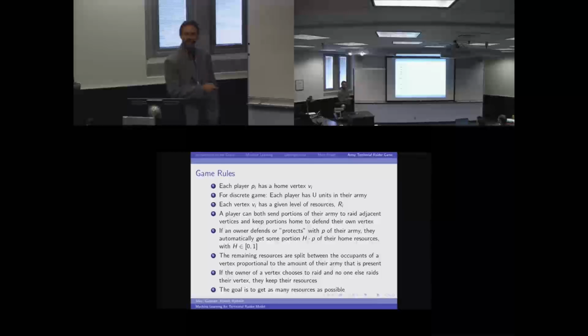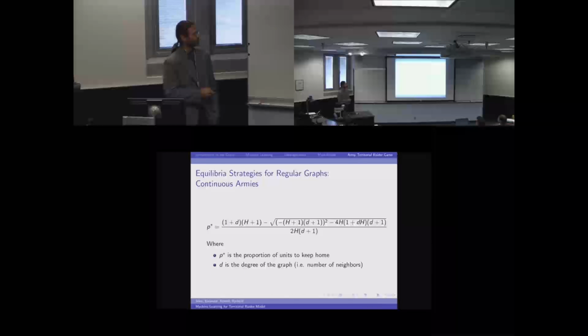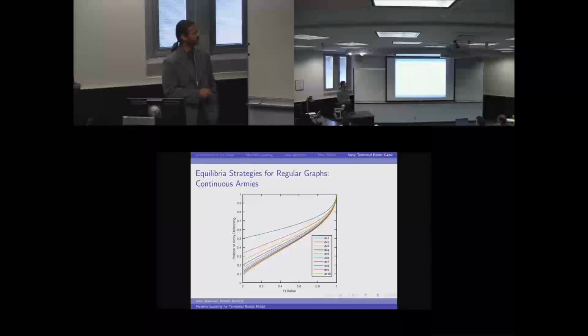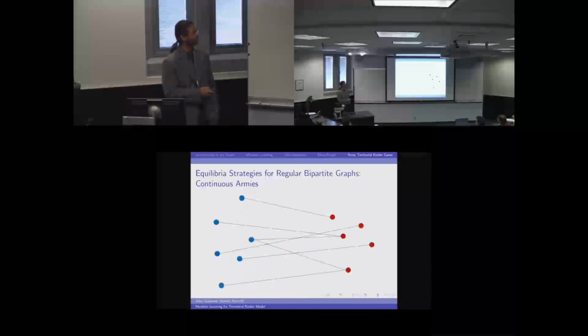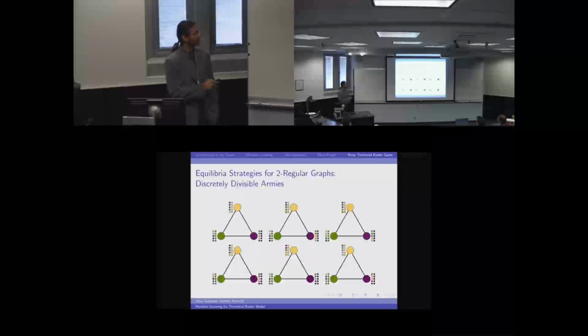So, okay, the rules of the game are not really that important. What may be relatively nice is that we found some results from which we can draw some conclusions. But okay, let me show some of the results in practice. If you have yellow blobs here, then this is one of the potential equilibrium strategies.